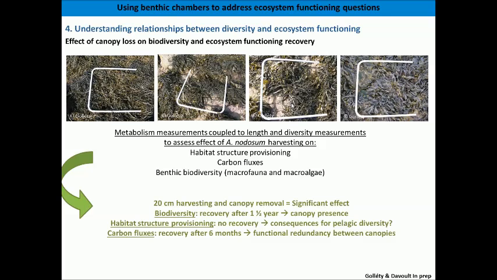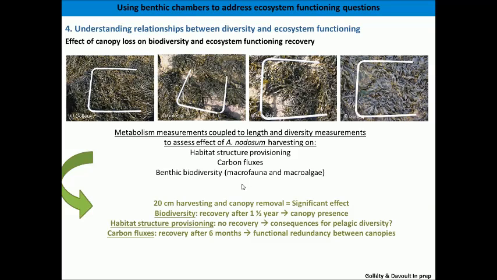The biodiversity recovered after a year and a half, independently of which of the two canopies was present, whether it was Ascophyllum or Fucus. In terms of habitat structure provisioning, there is still no recovery today, 7 years after the treatment took place, and this could have consequences for the pelagic diversity, such as fish that might use those areas for refuge at high tide.